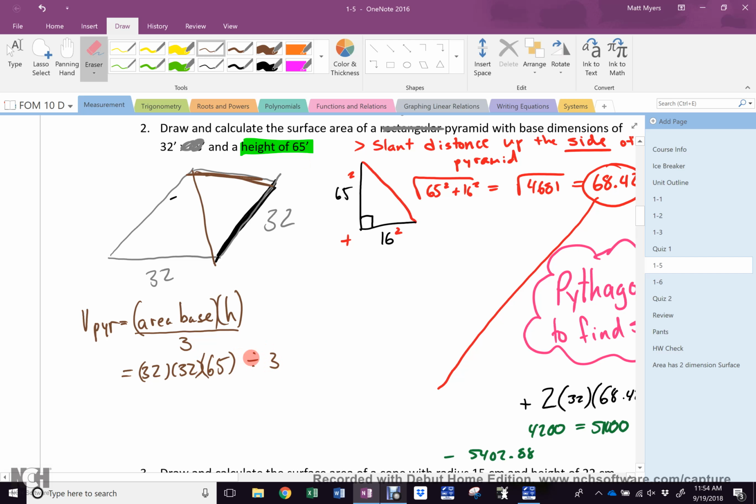Now, if you were going to show me your work and you were going to divide by 3, how would you punch that into your calculator? 32 times 32 times 65 divided by 3. And get 22,186.6 feet cubed, because we're doing volume now.